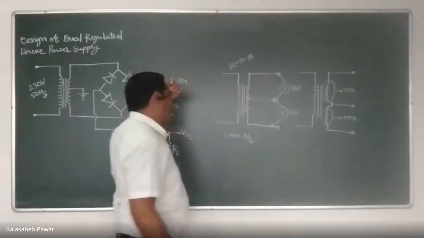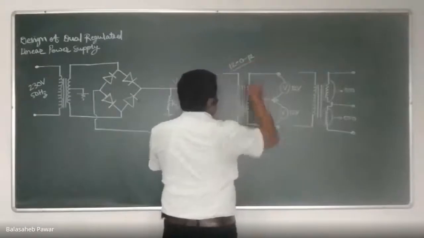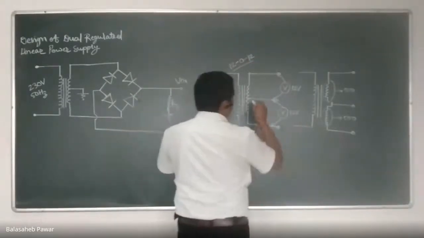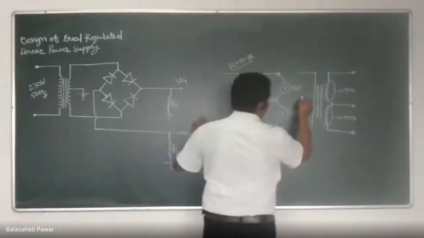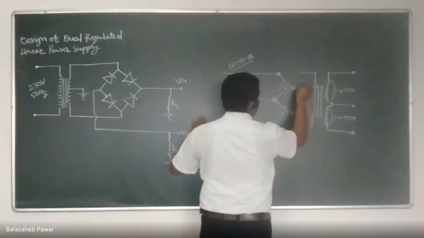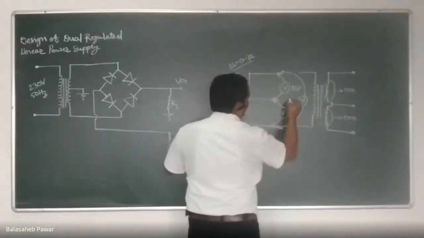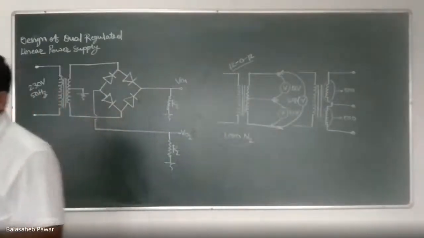Are you getting it? That's why generally it is given as 12-0-12. If that measurement is done across end to end, like this, then how much will it be? It will be 24 volt. Are you getting it?